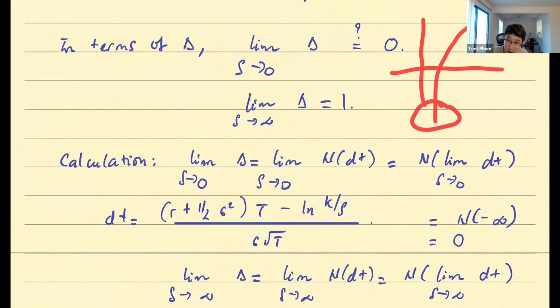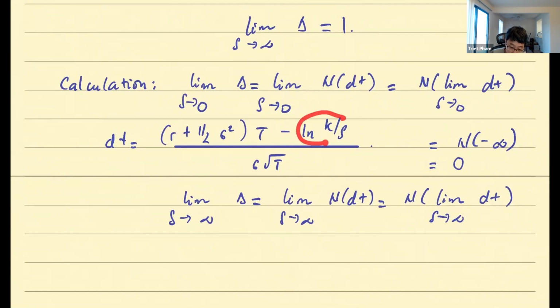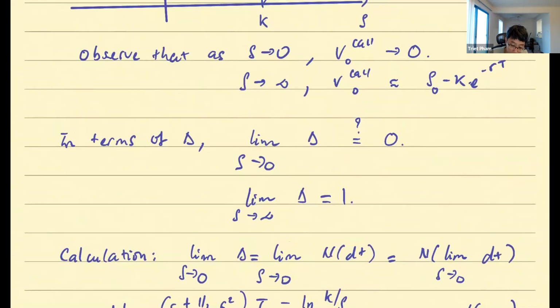So close to 0, the log is minus infinity. So this is minus infinity, and with a minus there it becomes positive infinity. So that's going to be N of infinity. But what's N of infinity? Again, N is the probability that the standard normal is less than some number. So N of infinity is 1. Again, confirming all of this intuition. Any question?